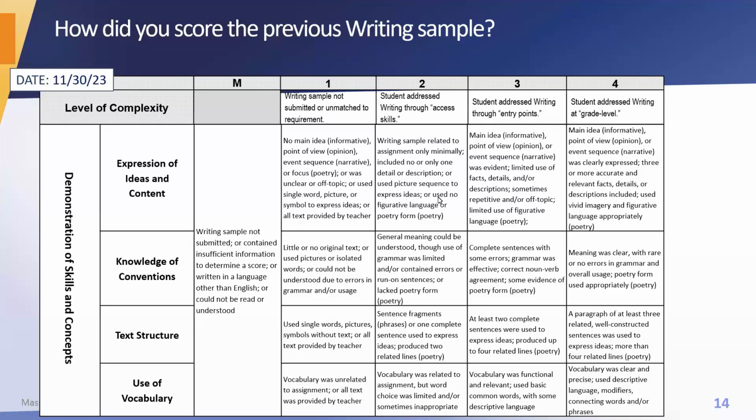If you want, you can move the poll over a little bit so you can see your screen, or if you pulled it up, you might have to go back and forth a little. Then you want to go on to expressions and ideas and content, and then knowledge of conventions and text structure, and then use of vocabulary. So go ahead and start scoring that sample.